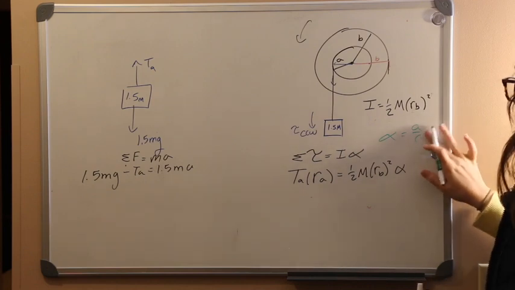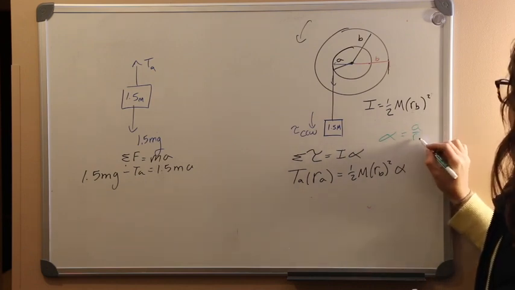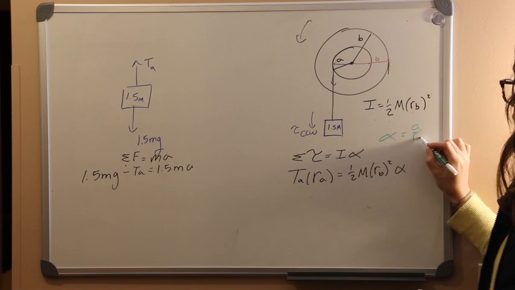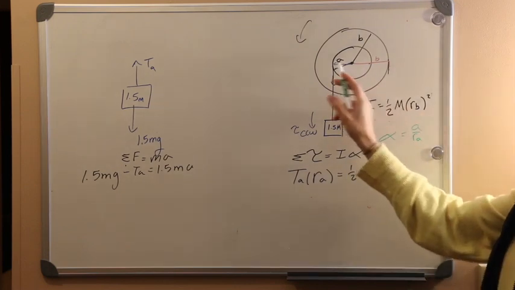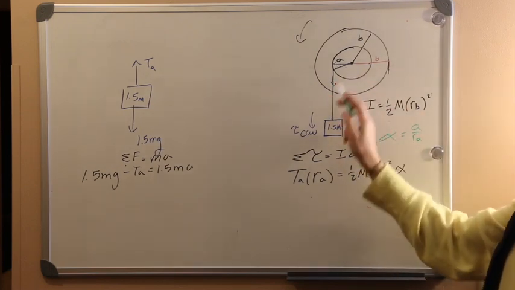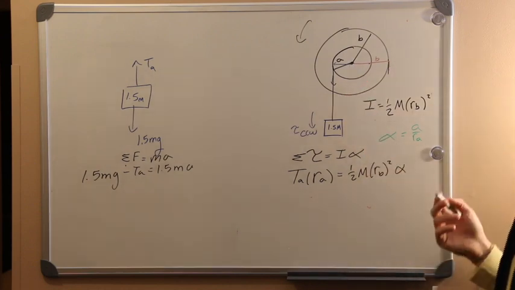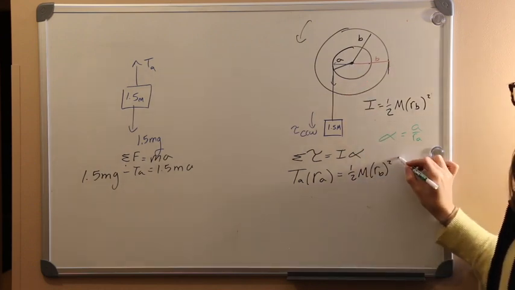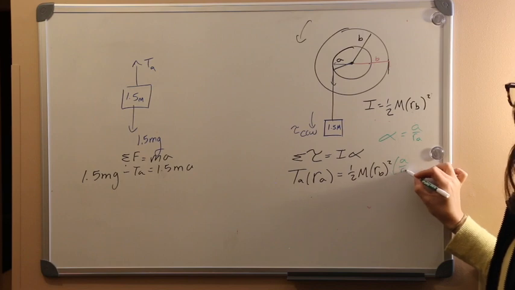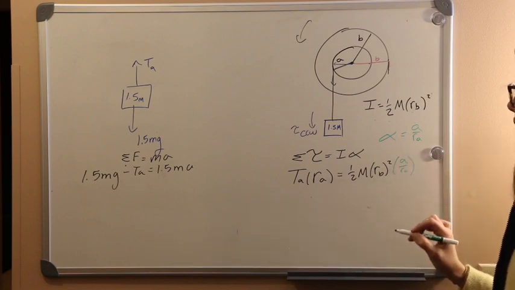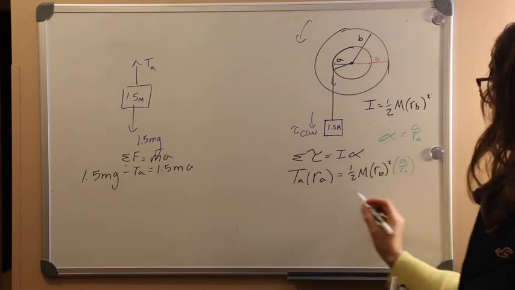For us, the radius value is going to be R subscript A, because it's the smaller radius that actually physically attaches the linear motion to the angular motion. So instead of alpha here, let's put A over RA.